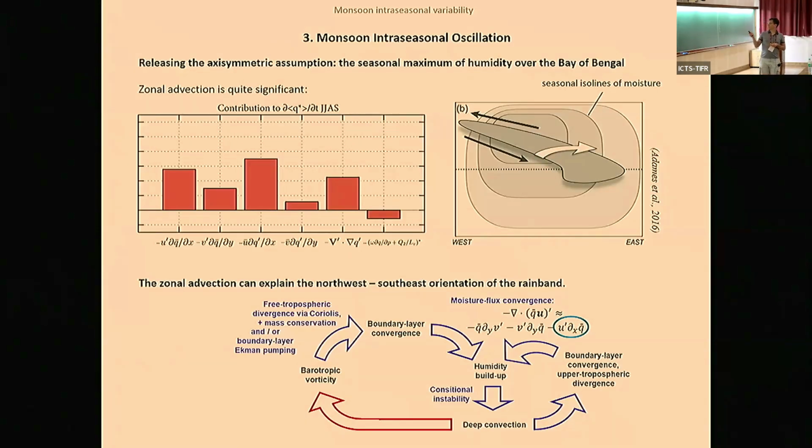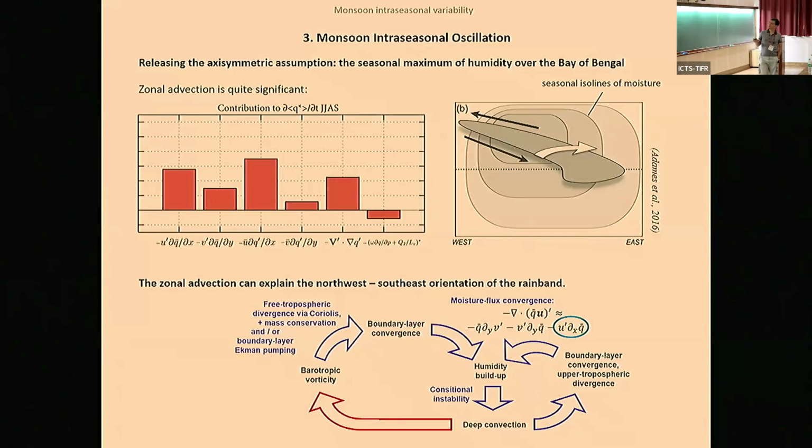So what Angel Adames looked at was the horizontal advection of moisture, considering that this intraseasonal mode is a moisture mode. And so he looked at the different advections.